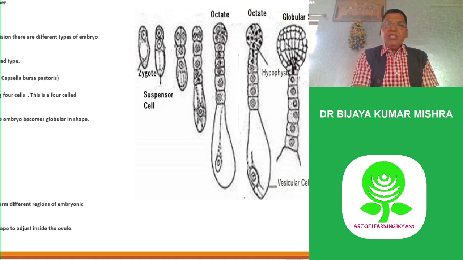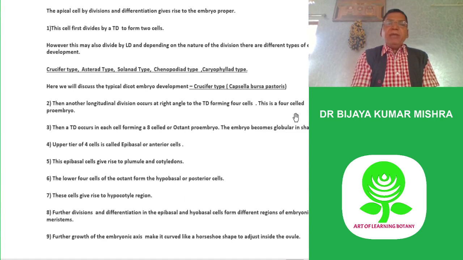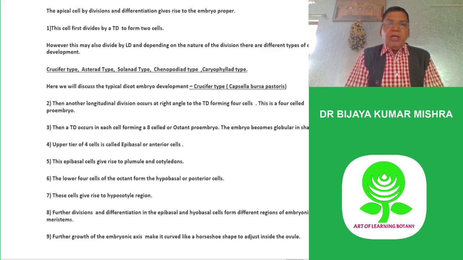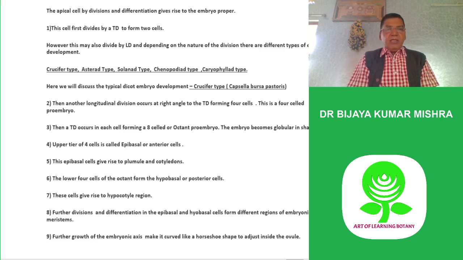Now you can see here there are different types. There are 5 types of embryo development. One is the crucifer type, another is the asterad type, the other one is the solanad type, another is the chenopodiad type, another the caryophyllad type. But the crucifer type is considered the typical embryo development in angiosperms. The typical embryo development is studied in Capsella bursa-pastoris.